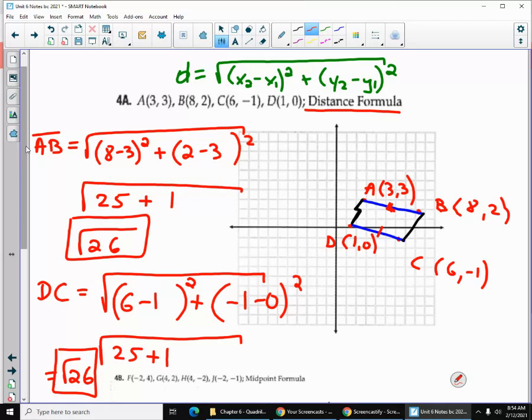But again, in order for this quadrilateral to be a parallelogram, both pairs of opposite sides have to be congruent. So I will erase this and I will show you the length of segment AD and the length of segment BC. So if you have to, please pause the video and copy this because I will erase it.